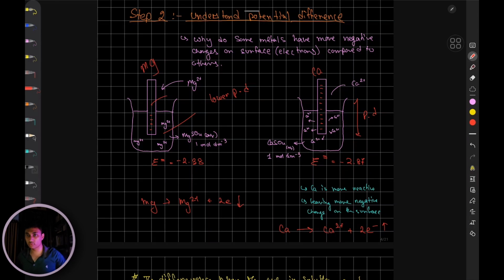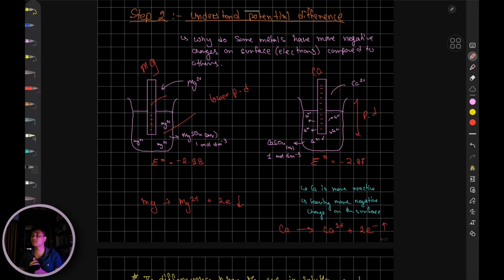So this is how the reactivity of a metal affects its electrode potential. And that is why it affects your products in aqueous electrolysis. In aqueous electrolysis, it depends on the electrode potential of each ion which is going to be discharged.